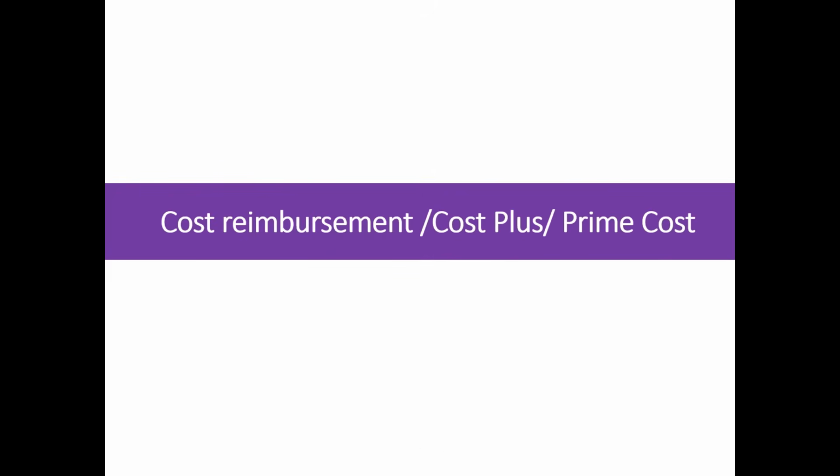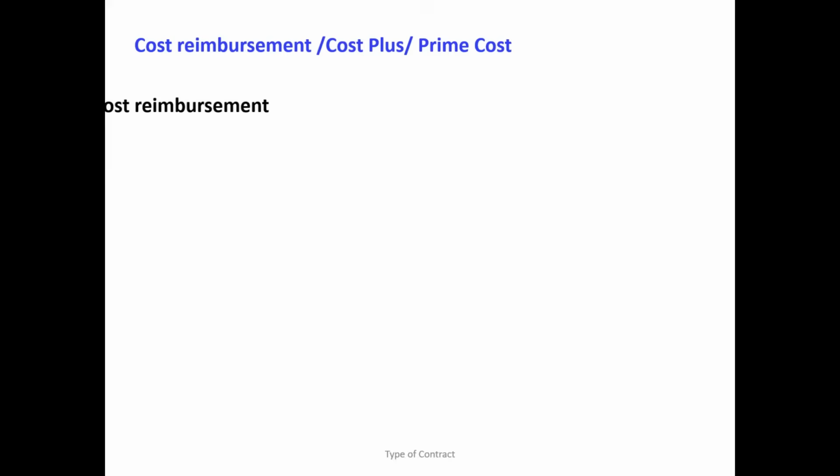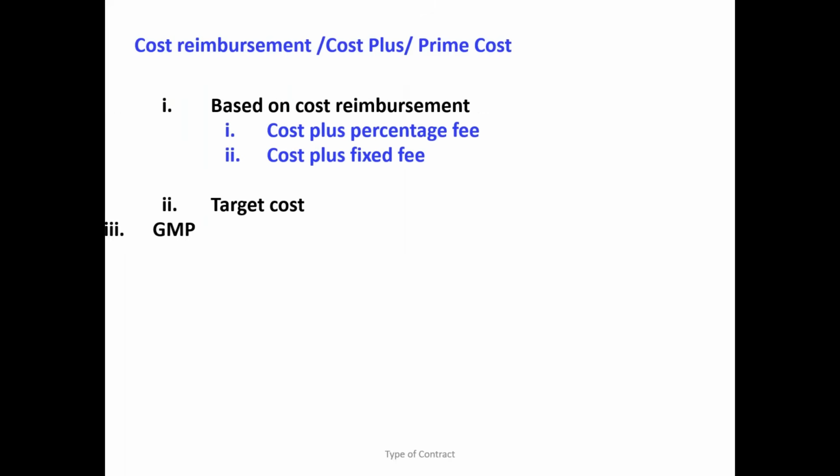So with that, we will go to the next type of contract, which is cost reimbursement, or cost plus, or prime cost. There we have 4 variants, and we will understand them one by one.